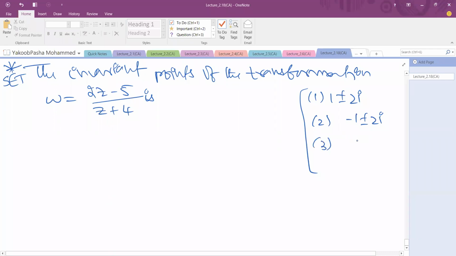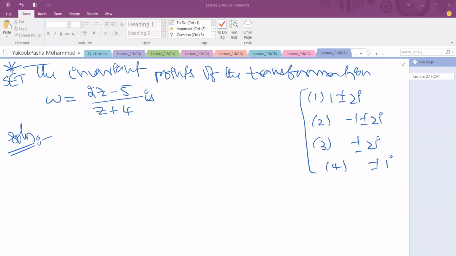Third option plus or minus 2i. And the fourth option plus or minus i. Okay. Invariant points means fixed points. Fixed points means we have to equate W is equal to z. Okay.